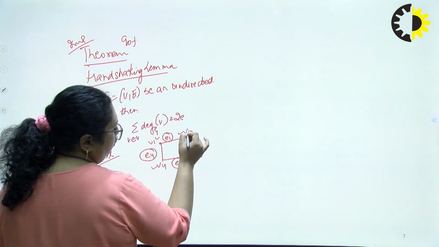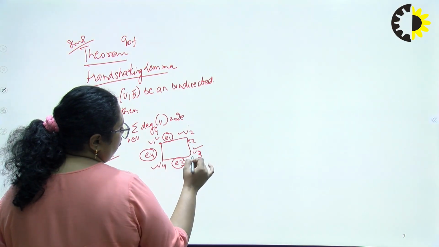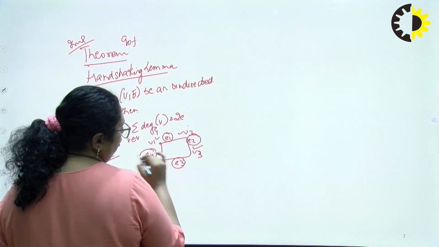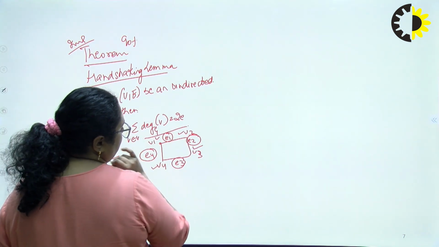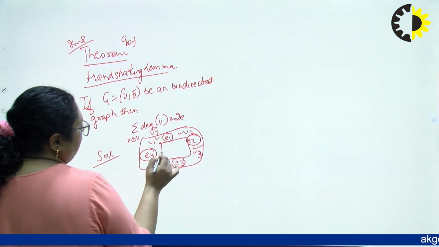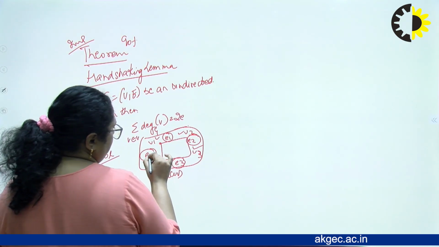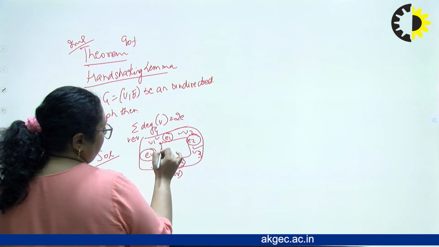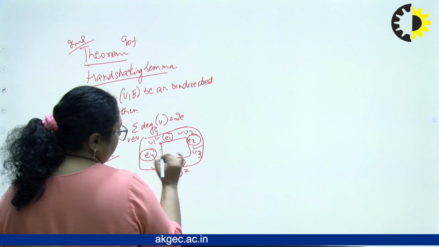And edge E2 is contributing degree to V2 and V3. So each edge is contributing degree to two vertices. The degree of V1, meaning the number of edges attached to the vertex, is 2.